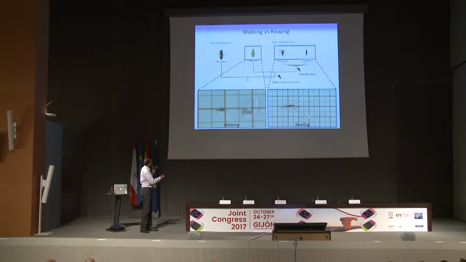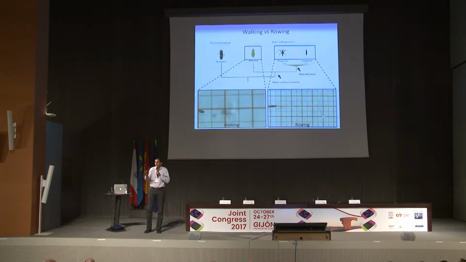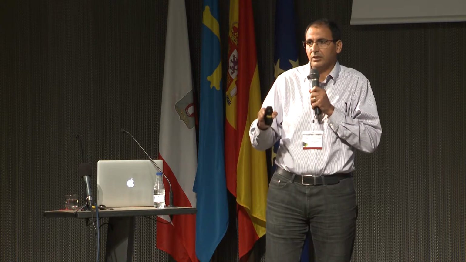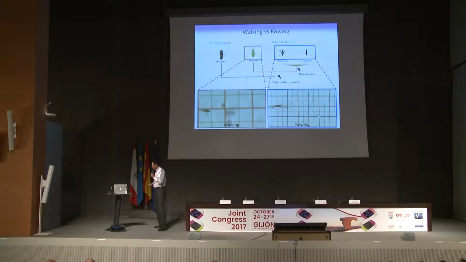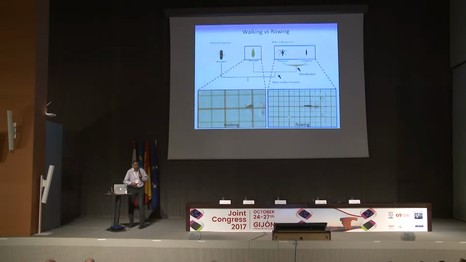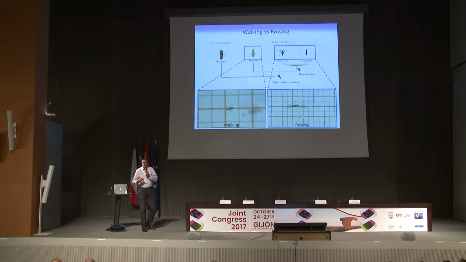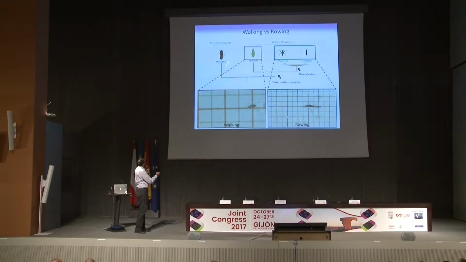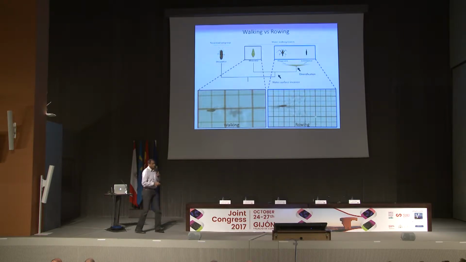So these species will be mostly in the margins of water bodies. It can go to the land or it can go to the water, while this one here is specialized in the water. It can no longer move on the ground. So how did these differences in terms of developmental mechanisms evolve in these species? I'm going to show you how we move from this ground plan to this one here.